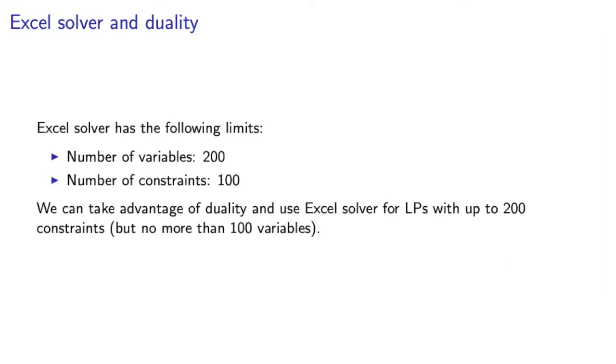If you don't know duality, that is. Right, anyone aware of duality basics will know that all they have to do to get this job done with Excel solver is just switch to the dual LP. Precisely. Since the dual will have 200 variables and 100 constraints, we can solve it with Excel solver. And then we can easily get the solution for the original primal LP from the solution report.